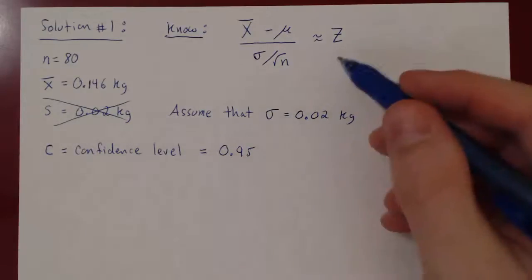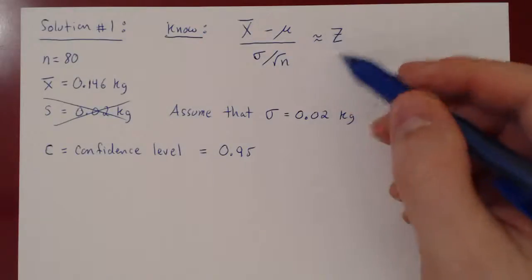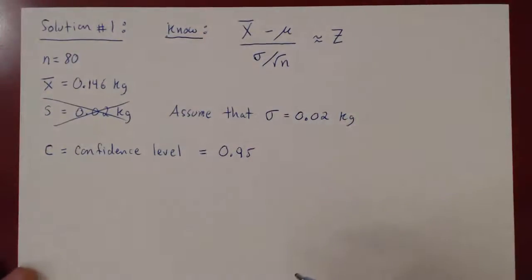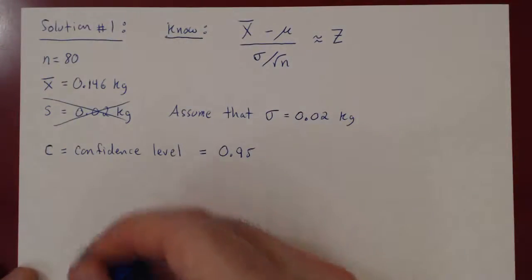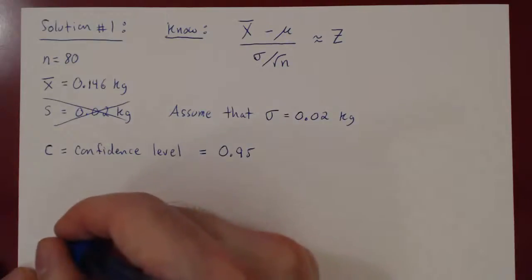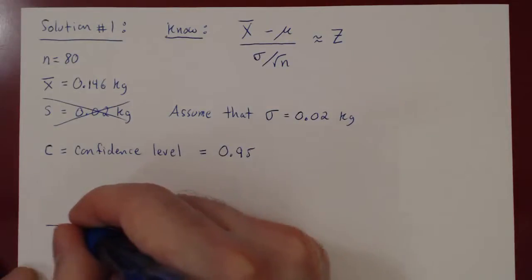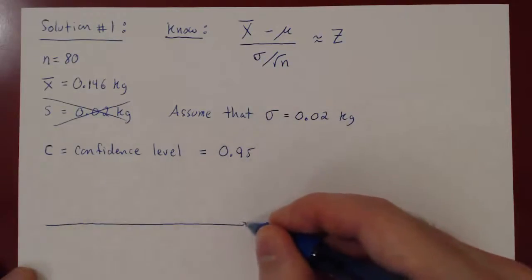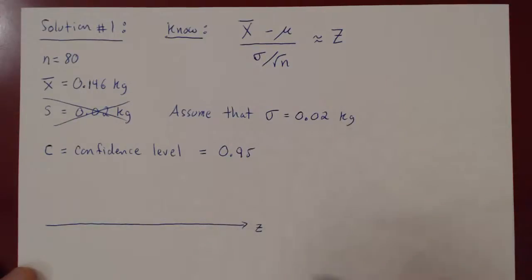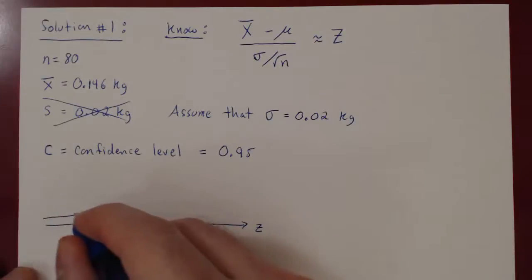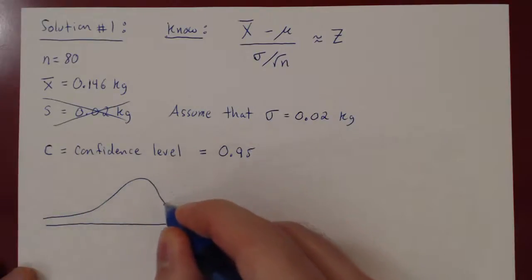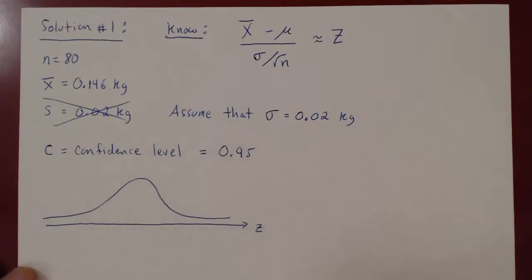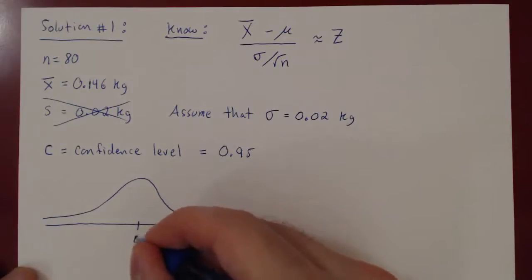So first, we have our statistic, which is the standard normal. Let us draw the standard normal distribution. This is our z-axis. The mean is 0, and the deviation is 1. So it looks roughly like this, with a mean of 0.